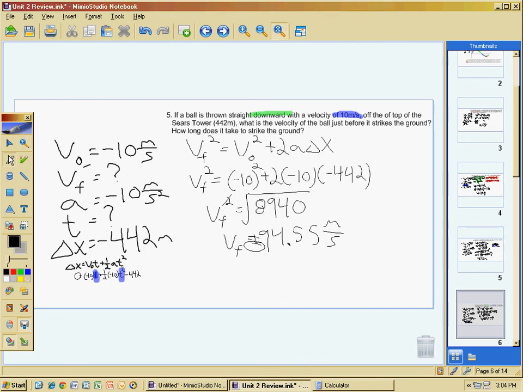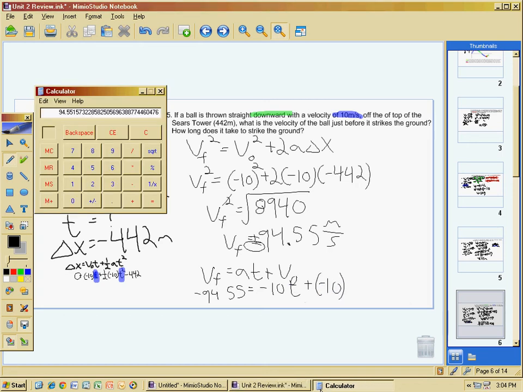Now that we know v final, we can use this equation here, and then plug in what we know. Sorry for the messiness. I'm kind of writing on the shadow of my head over here, guys.